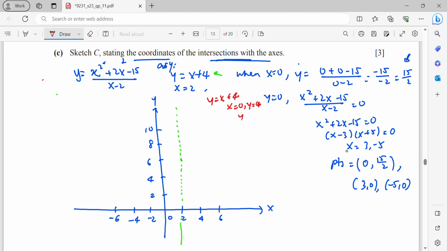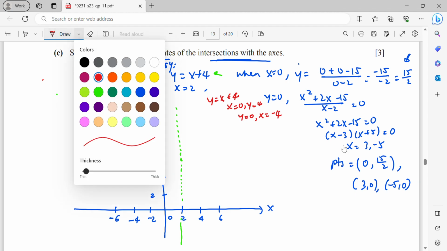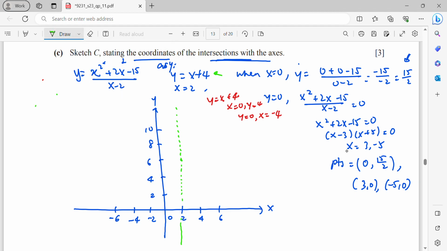When y equals 0, the x is minus 4. Okay, I get 2 points. So it means that it will be (0, 4) and then (negative 4, 0). Again, join these 2 points using a ruler. So this is y equals x plus 4.